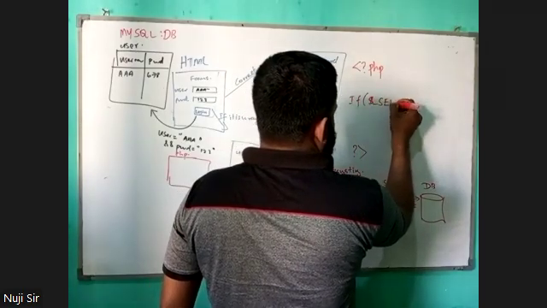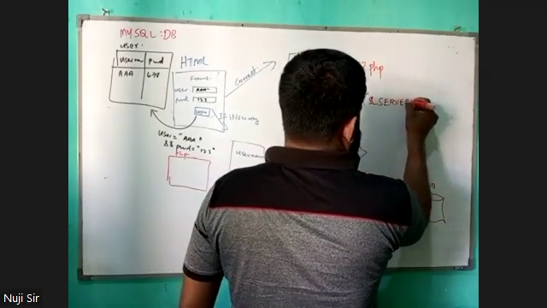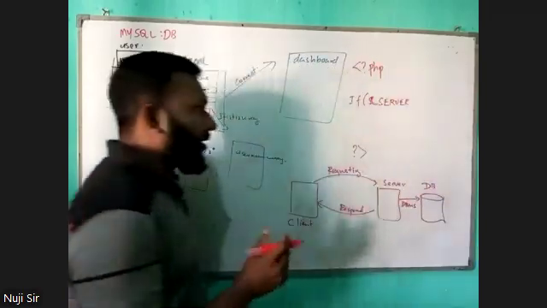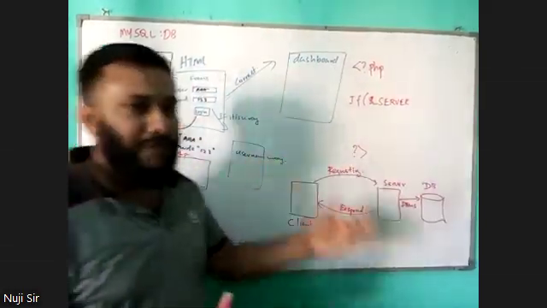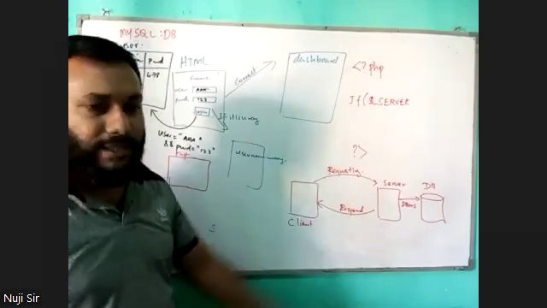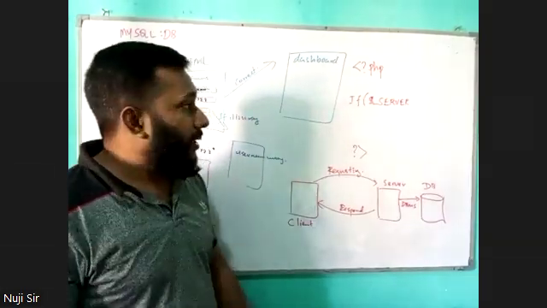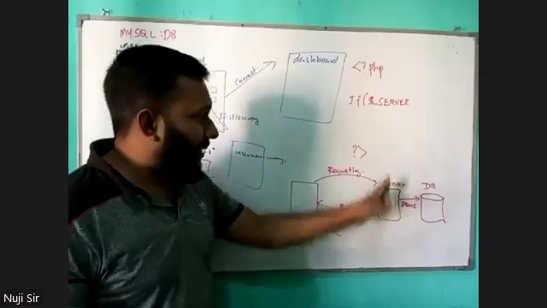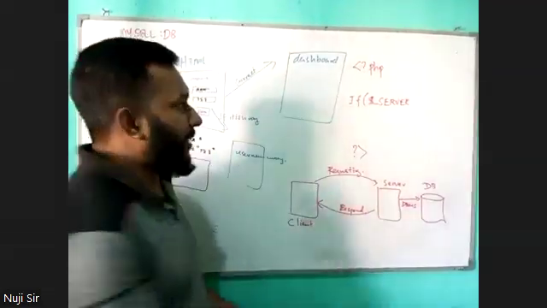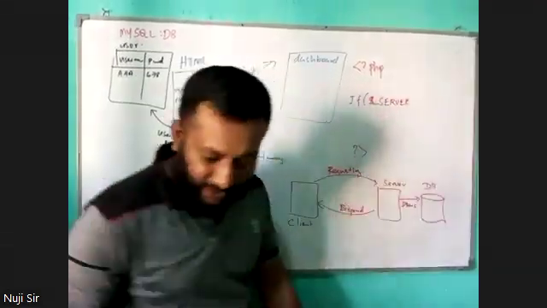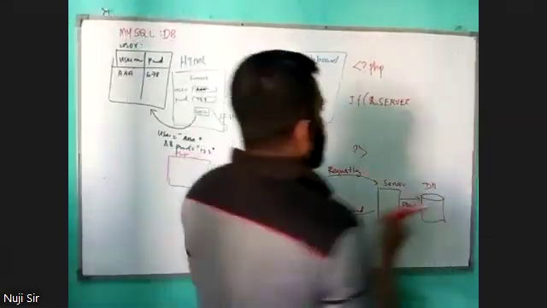$_SERVER is one of the global variables we use in PHP. So now you know what a server is, because this is a PHP server. Now you are calling the server request method.